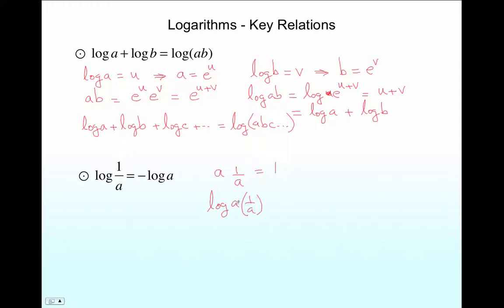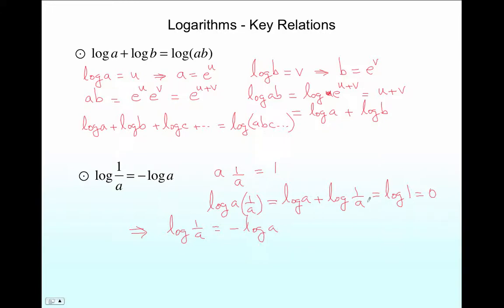So I'm going to treat this as something and this as something else. That is log of a plus log of 1 over a. And that's got to be equal to log of 1, but we've just proved that log of 1 is 0, and hence we've established that log of 1 over a is minus log a.